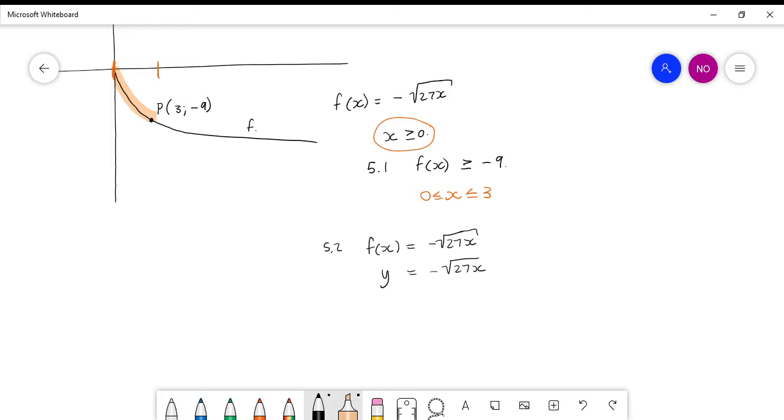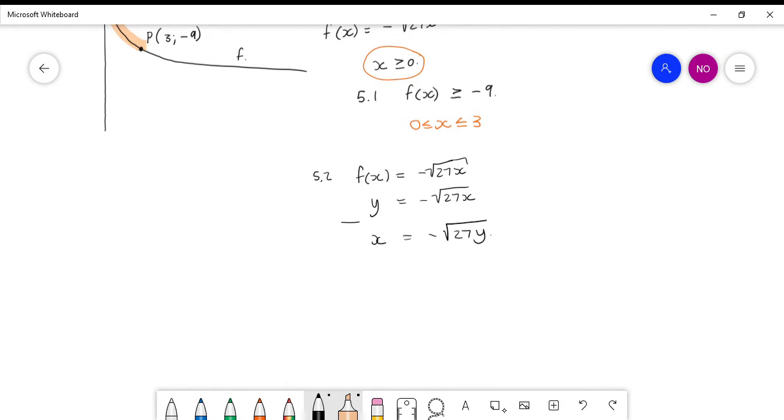Okay. What do we need to do now? Swap x and y. Good. En nou moet ek mos net vir y alleen kry. So dan gaan ek sê hierdie is minus x is gelyk aan wortel 27y.